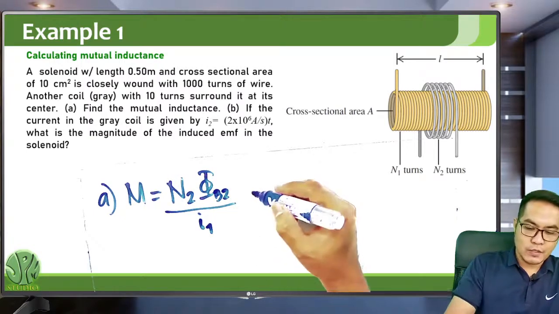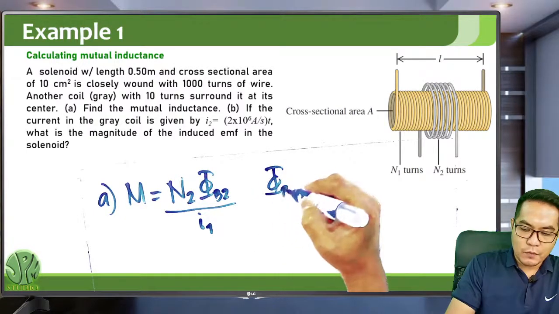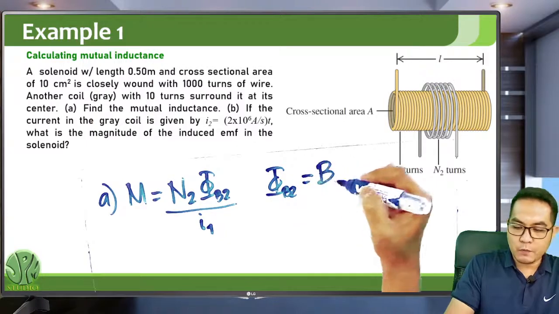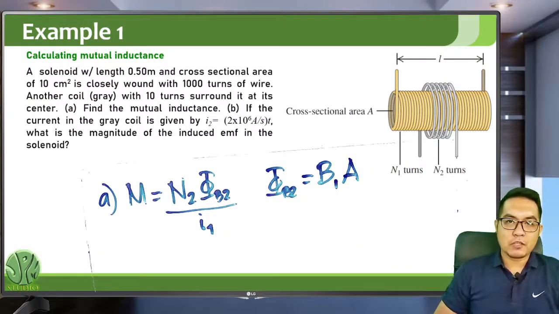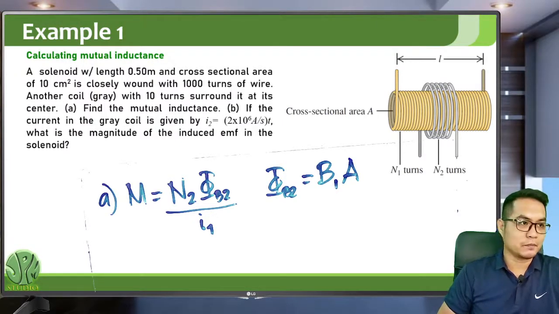The flux through loop 2 is just due to the magnetic field of loop 1 times the area. We will assume that they have the same area, since they are closely wound. So A1 and A2 are approximately the same area.